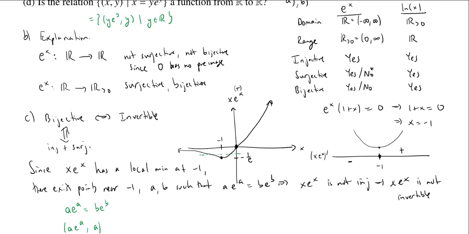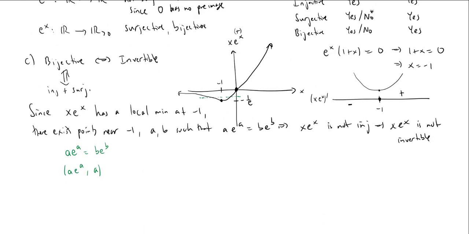Okay, so I have that, A e to the A. But also, I could have B e to the B, comma B, right? That would be in there as well, right? So both of these are in the relation.